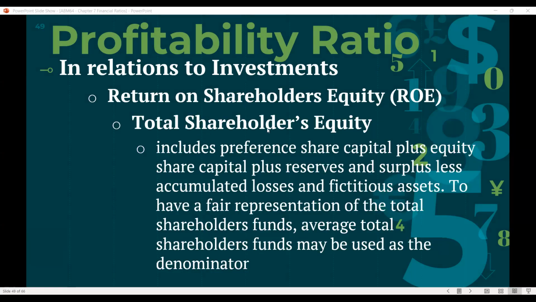So we have total shareholders equity. So this includes preference share capital plus the equity share capital plus reserves and surplus less the accumulated losses due to its assets. To have a fair representation of the total shareholders funds, average total shareholders funds may be used in the denominator.